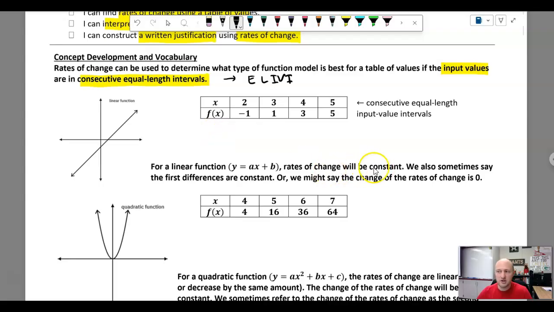We say the first differences are constant, or if I took the rate of change of the rate of change, it would be 0. My rate of change here to here is 1, and then here to here is 1. The difference between them is 0, so second differences would be 0.